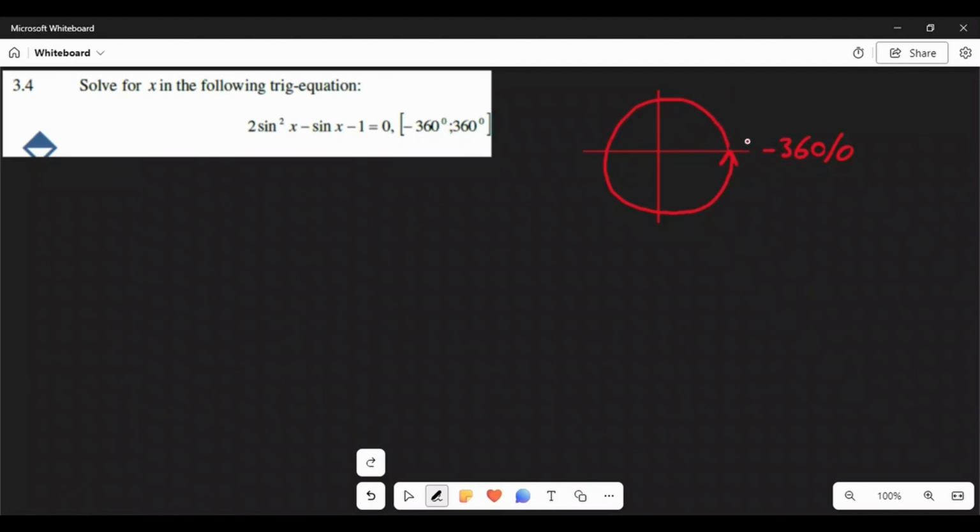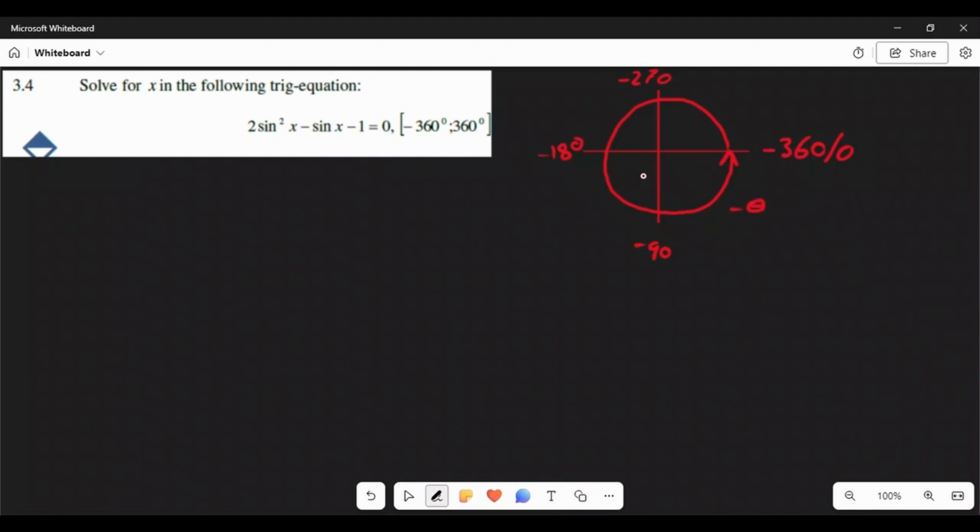When we are moving backwards, this is going to be negative 90, then negative 180, then negative 270, and then negative 360. So the fourth quadrant we represent by negative theta.